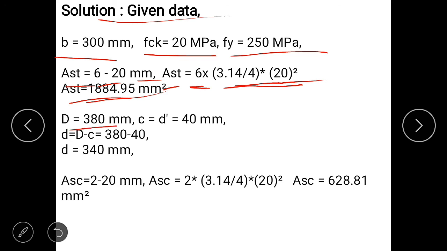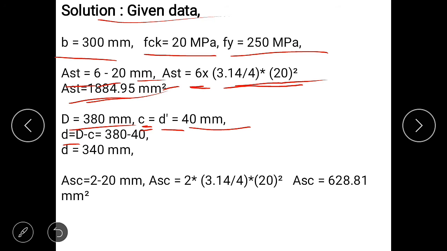Now overall depth is given as 380. Cover on the tension side and cover on the compression side is 40. How to calculate small d, or effective depth? Effective depth is equal to overall depth minus cover.